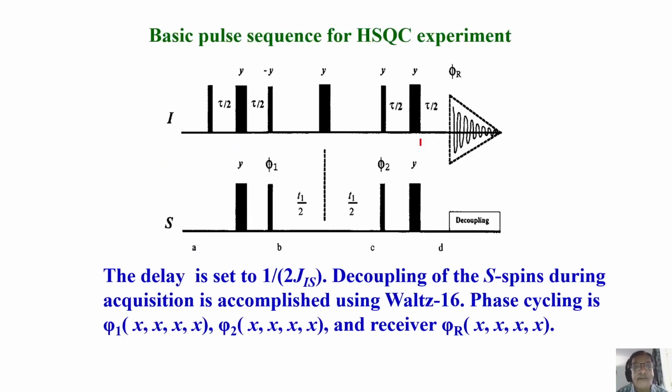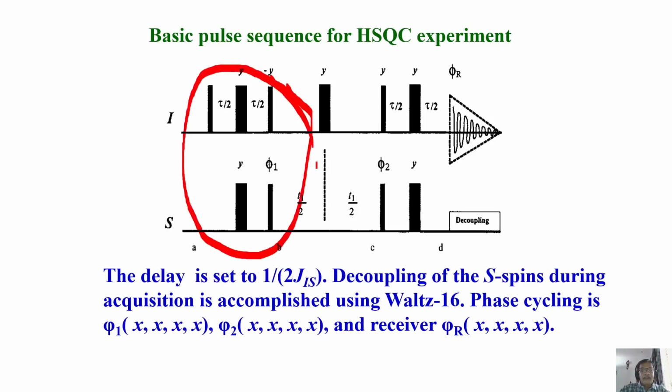This is the basic pulse sequence for HSQC. Can you notice some similarity with what we discussed a couple of classes back? If you look carefully, does it not look like INEPT? Exactly, then this looks like a reverse INEPT.